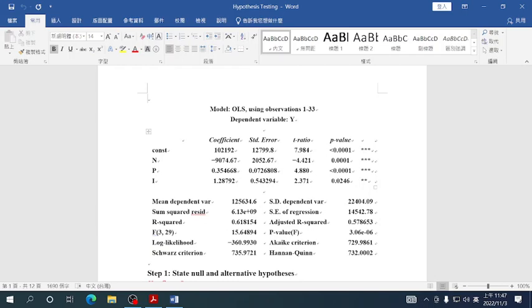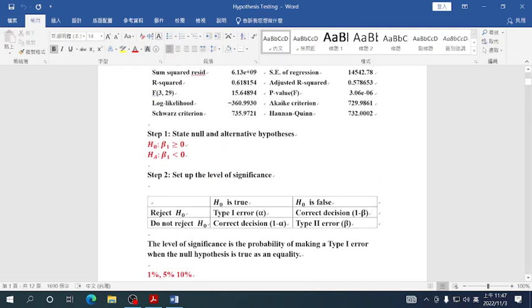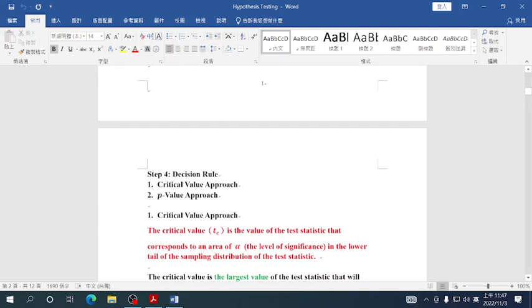So therefore, I have put it here for my step 4. For the decision rule, I separate it as critical value approach and also p-value approach. You can use either way. But from the computer output, the p-value approach is easier, right?